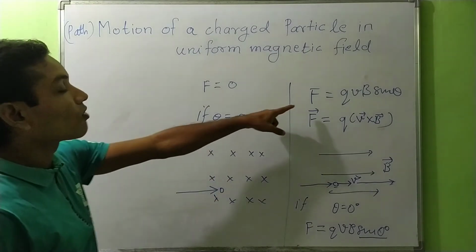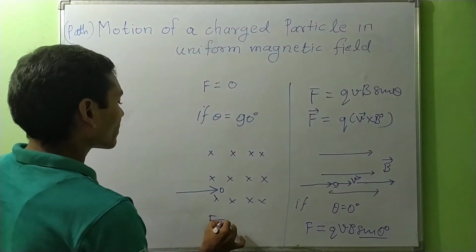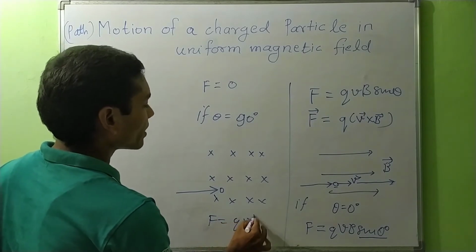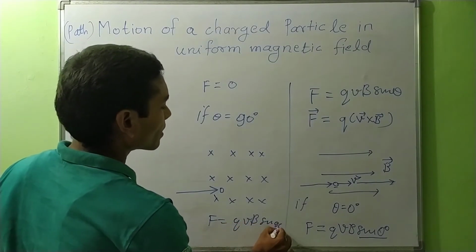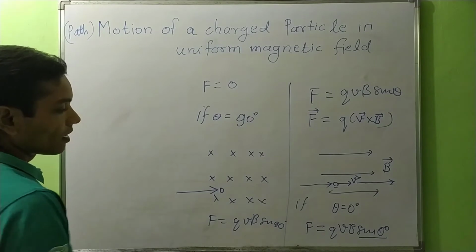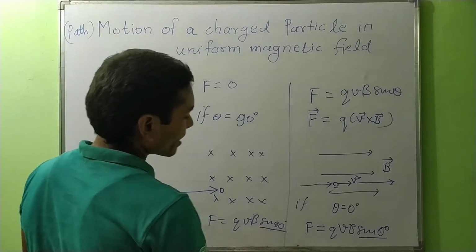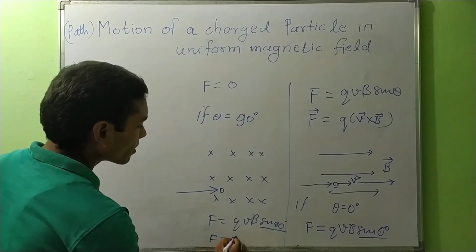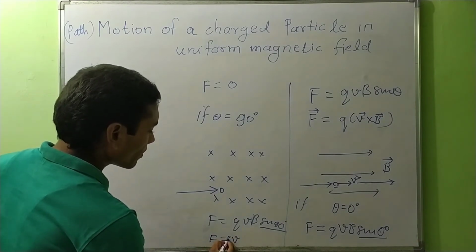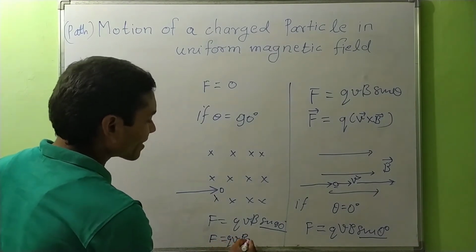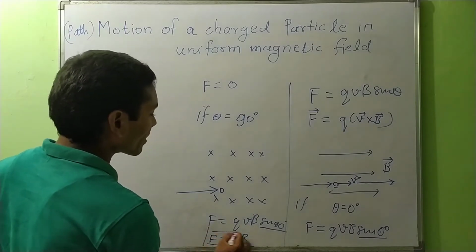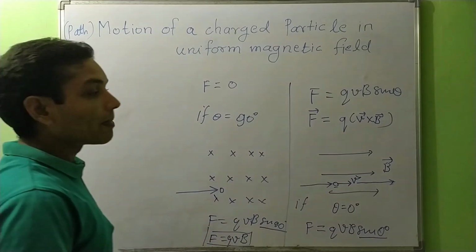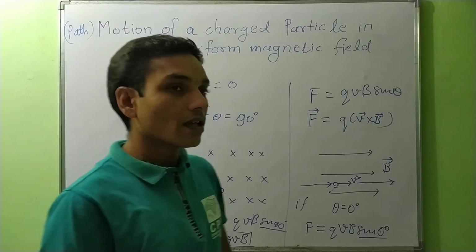From this formula, F equals QVB sine 90 degrees. You know that the value of sine 90 degrees is equal to 1, then force will be QVB, that is the maximum magnetic force.